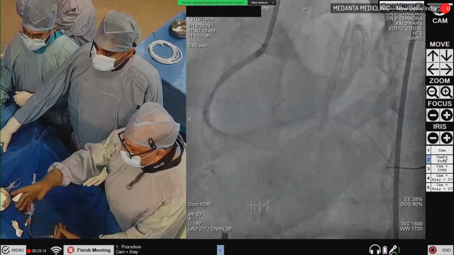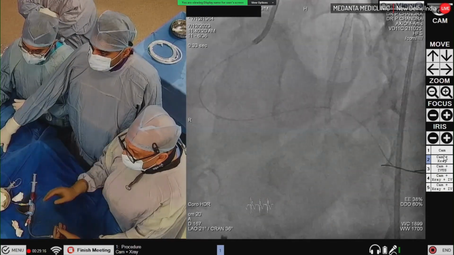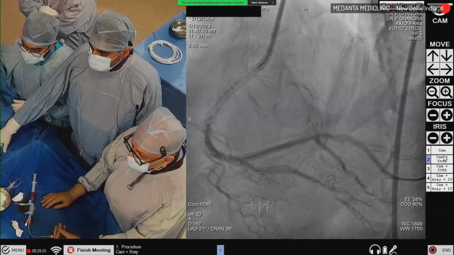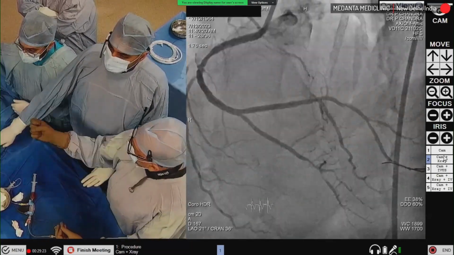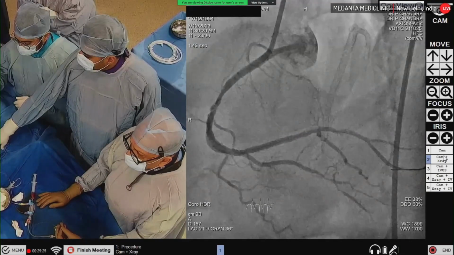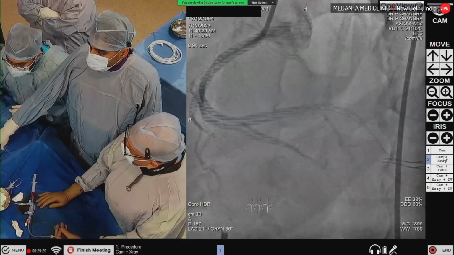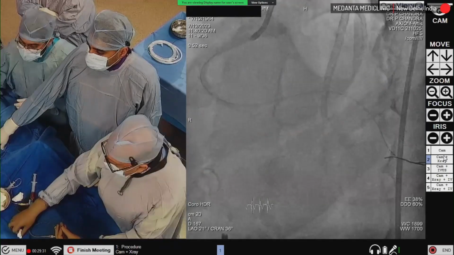Okay, because there is some little plaque there, we can just touch that as well. Or maybe a 30. What about a 30? 2.25, 30. 30 will be better. Give me a 30. 2.25, 30, please.